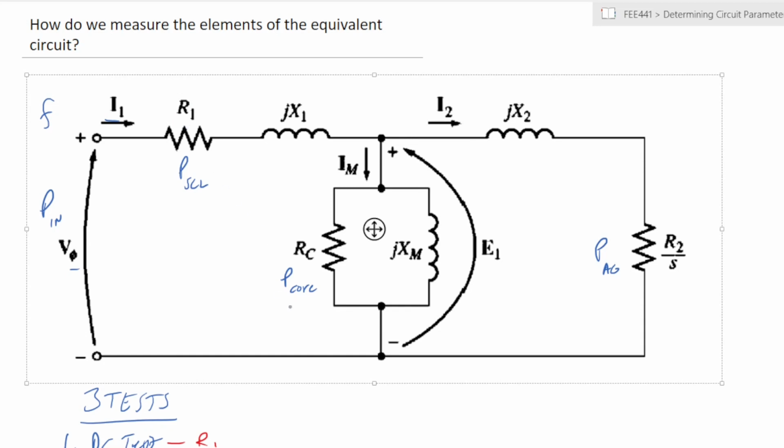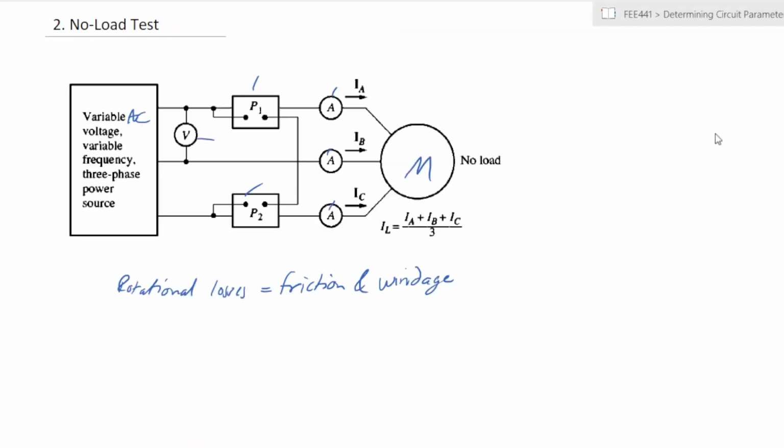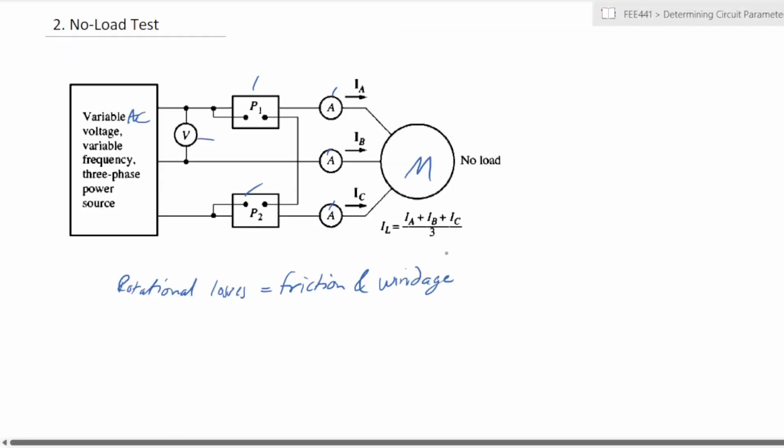So the equivalent resistances that we don't know from the circuit are the ones that represent core losses and the ones that represent air gap losses. In the case of the no-load test, the air gap power is only providing power to rotational losses.